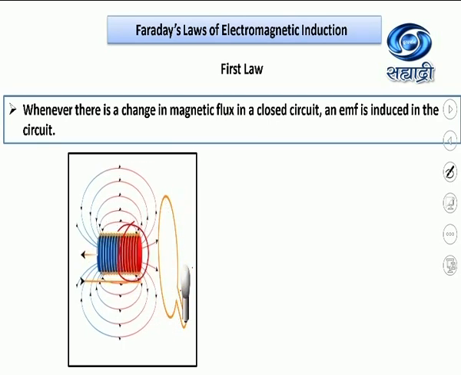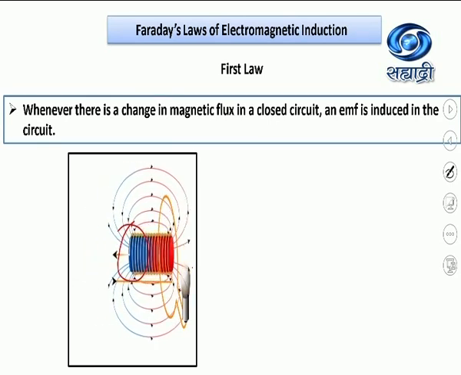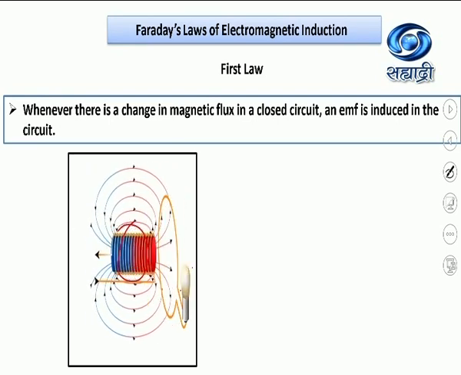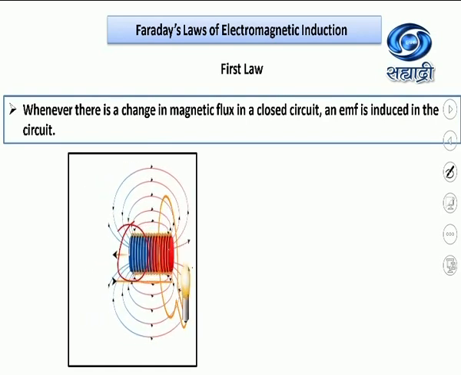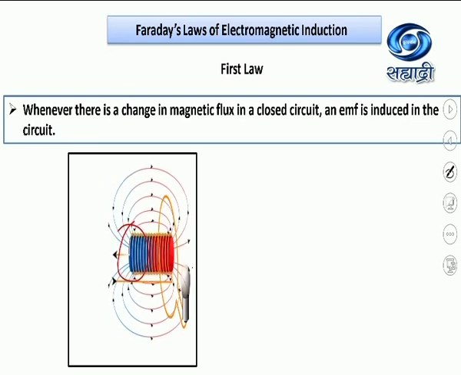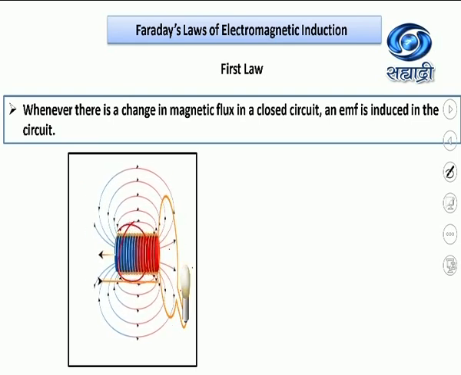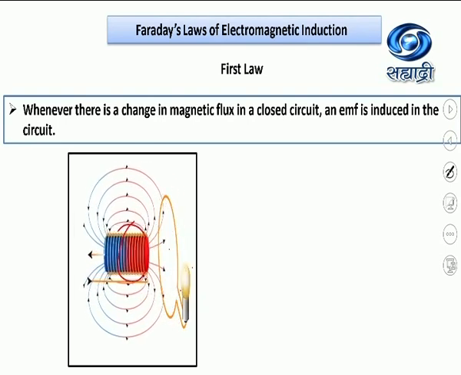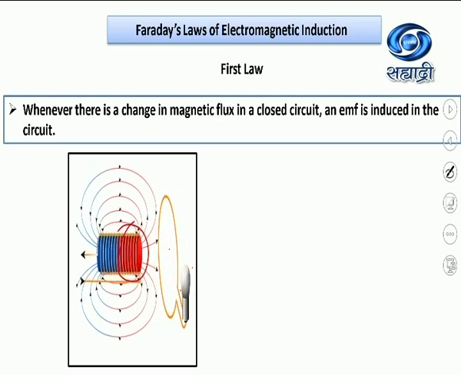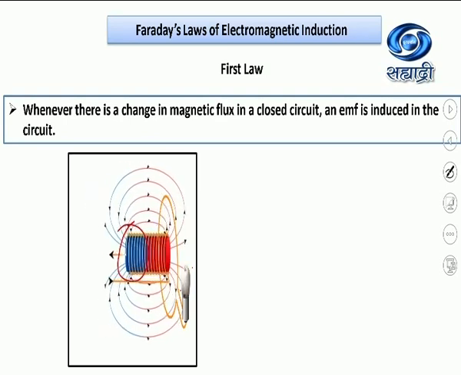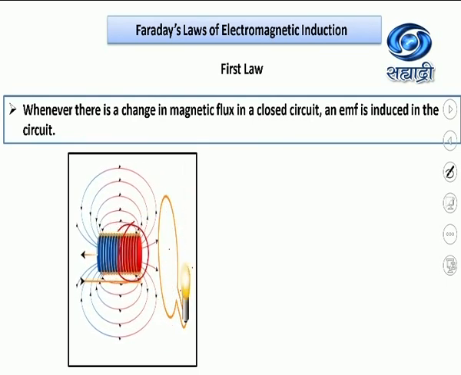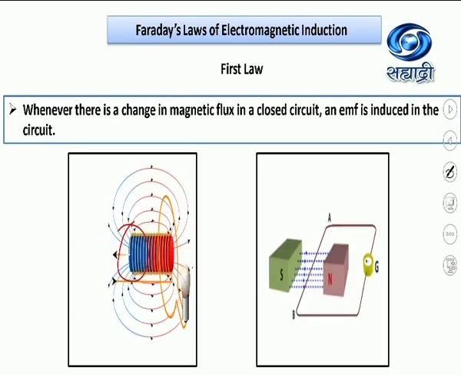So whenever the current carrying coil is moved towards the face of the coil to which the bulb is connected, there is an increase in the magnetic flux, you can see very clearly, due to which EMF is generated in the coil, so the bulb will glow. And when the coil is taken away, that time also EMF is generated in the coil, due to which current will flow and the bulb will glow.